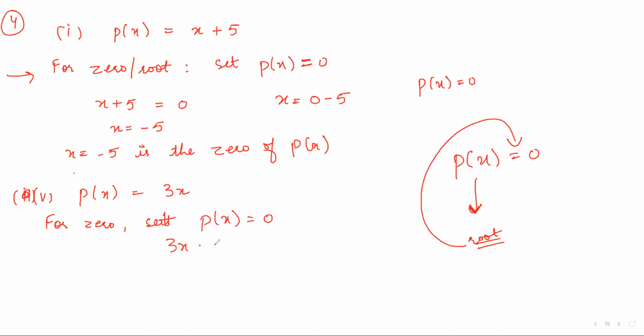So 3x is equal to 0. That means x is equal to 0 by 3. That means x is equal to 0, right? So x is equal to 0 is the 0 of P(x). So please don't get confused between this 0 and this 0, right? This term is a bit confusing, but I hope you understand it now.